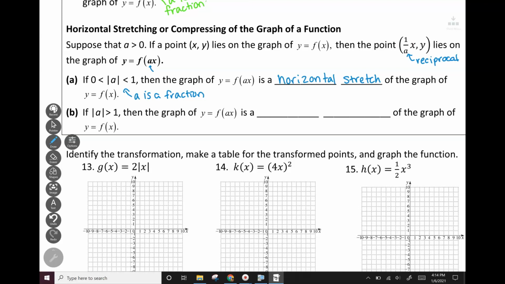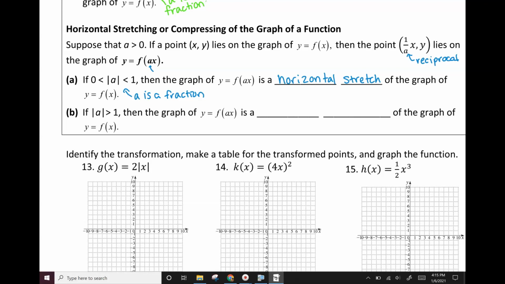So if a is a fraction, and then I get the reciprocal of that, it's going to be usually a whole number, but let's say for instance, a is 1/2. The reciprocal of that is 2. I'm multiplying x by 2. So now each x value is increasing. It's getting larger by a multiple of 2. So it's going to stretch horizontally.